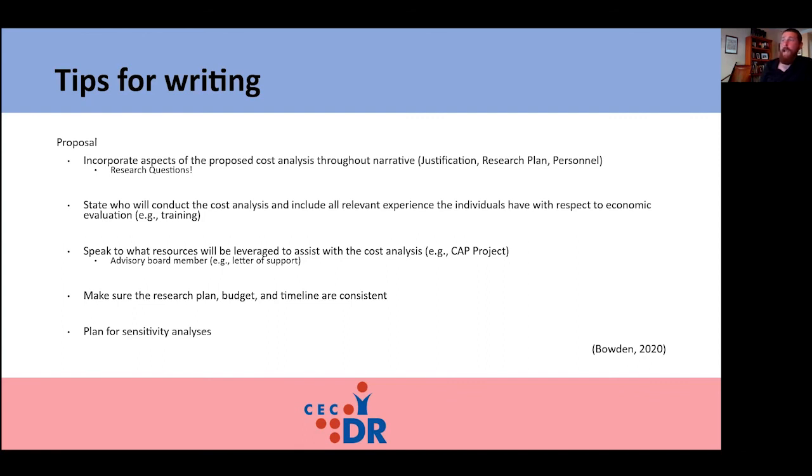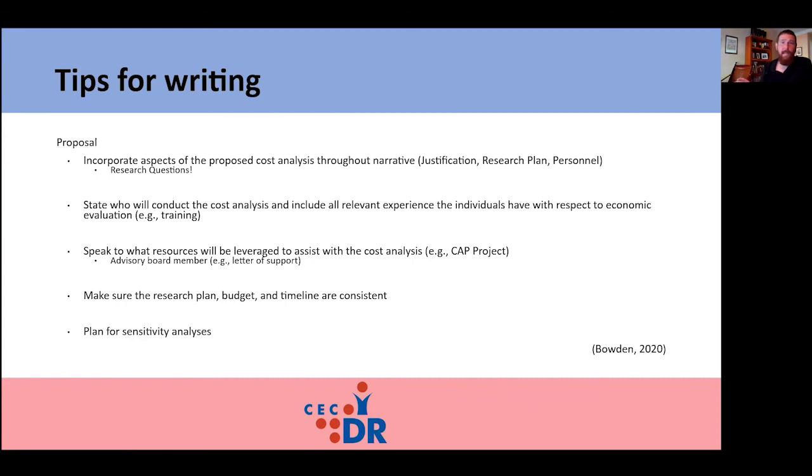And if the research team doesn't have anyone too strong with economic evaluation, you can speak to what kind of resources you might leverage to help you with the cost analysis, because IES is funding things like the CAP project that's meant to help researchers actually conduct these cost analyses. And then also make sure that the research plan, budget, and timeline are consistent.